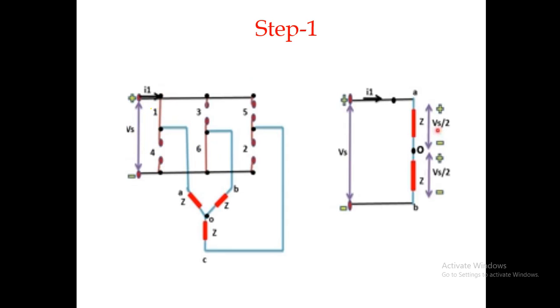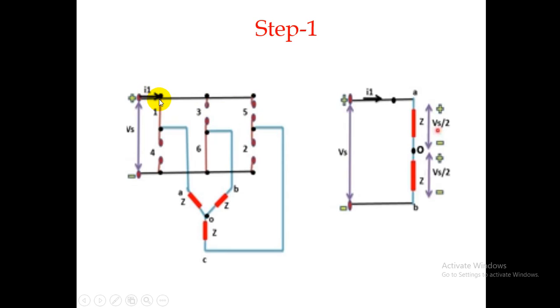When the source is applied to the configuration, the current I1 flows like this. Then the current tries to move this side also, but because of not giving any signal to thyristor 3 and thyristor 5, the current won't go this way.